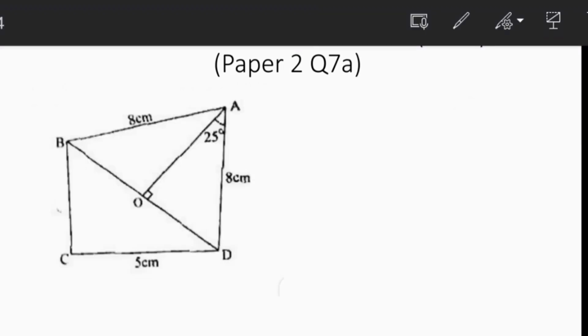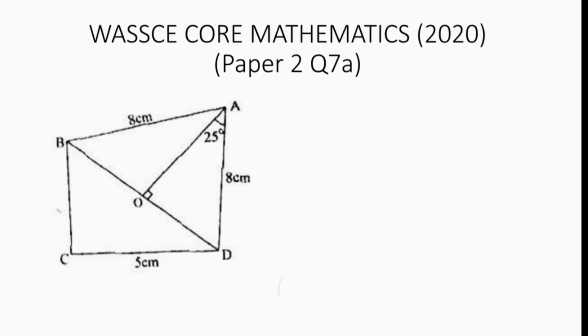I is asking us to calculate for the length of line BD. But from triangle OAD, we have angle OAD, which is 25 degrees. We have the length of line AD, which is 8 centimeters, which is also the longest side, termed the hypotenuse. And line OD is termed the opposite side.